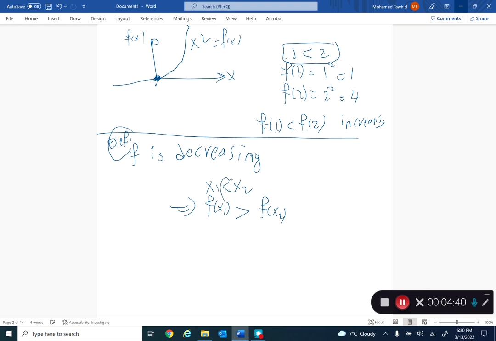You see this inequality: the inequality is going to be switched from less than to greater than.